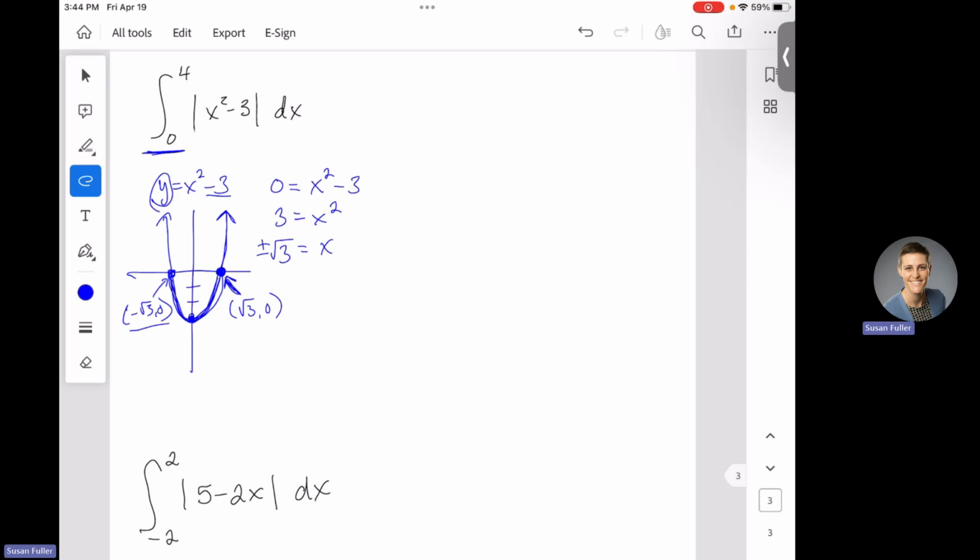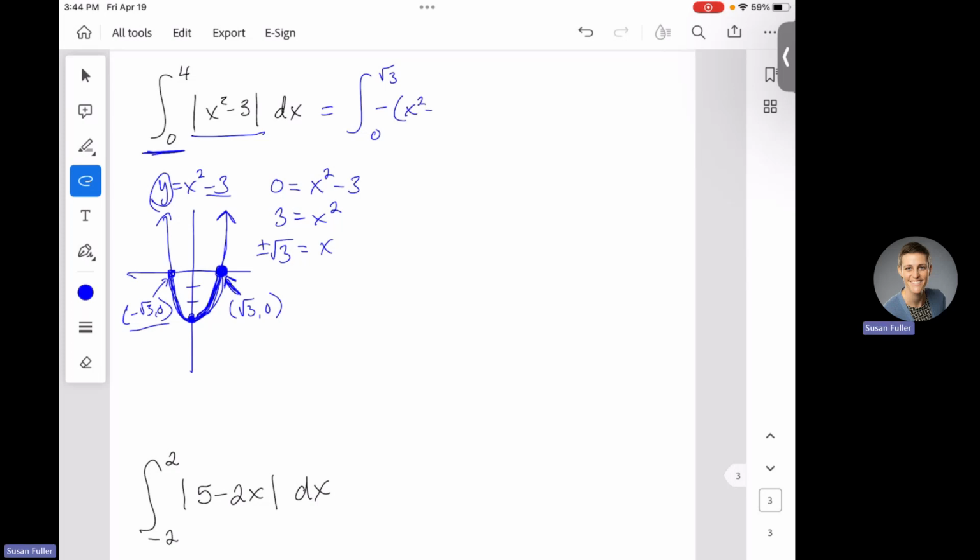Okay, so if I want the area from 0 to 4, but I want everything to be positive, then I'm going to have to split this function right here at x equals the square root of 3. So anywhere where my function is negative, so here from 0 to the square root of 3, I'm going to have to manually make that positive. In class, I think I put the negative on the outside. You can put that negative on the inside or the outside.